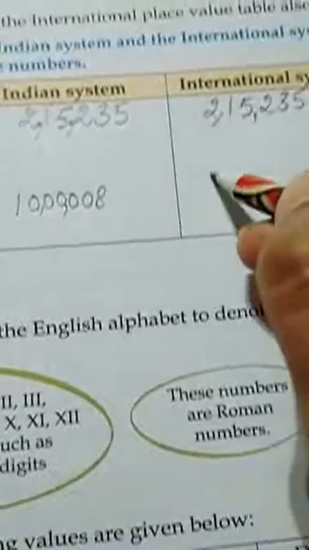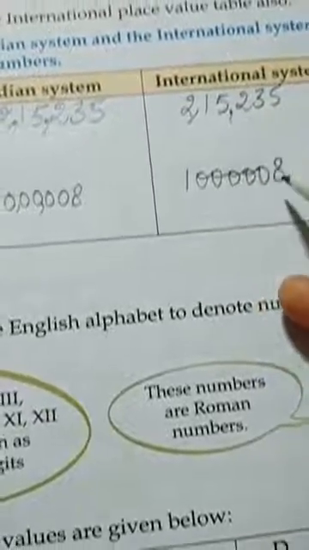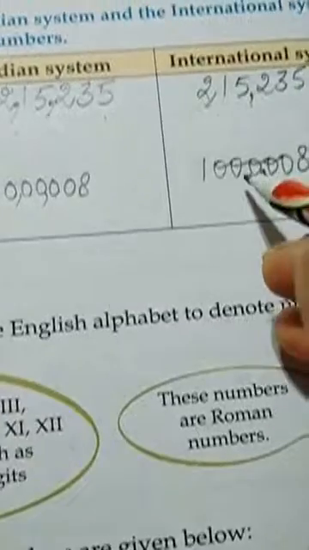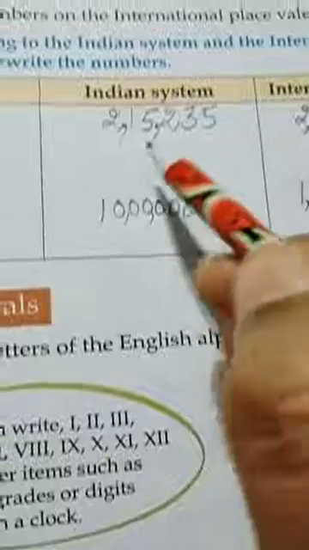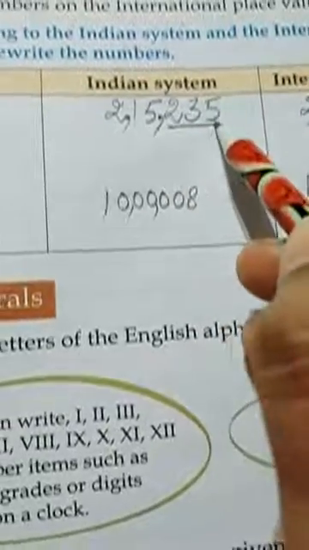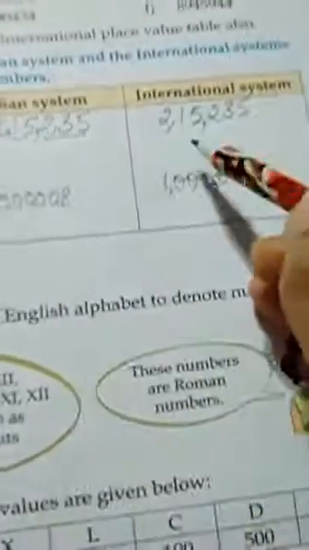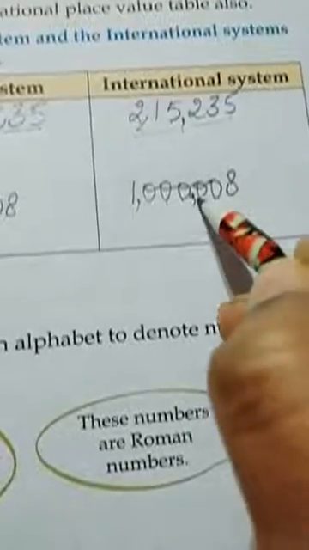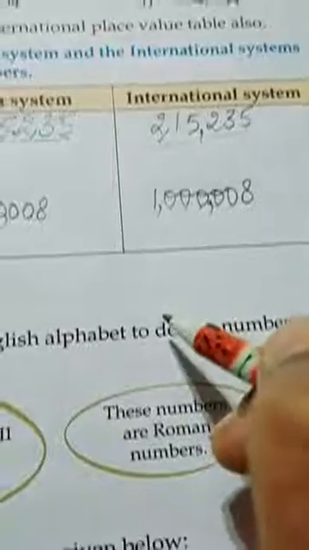Now here, ones, tens, hundreds, comma, thousands, ten thousands, hundred thousands, then comma. According to the Indian system, firstly a 3-digit group, then 2-digit groups are made. According to the international system, 3-digit groups are made. So ones, tens, hundreds, comma, thousands, ten thousands, hundred thousands, comma, then there is million.